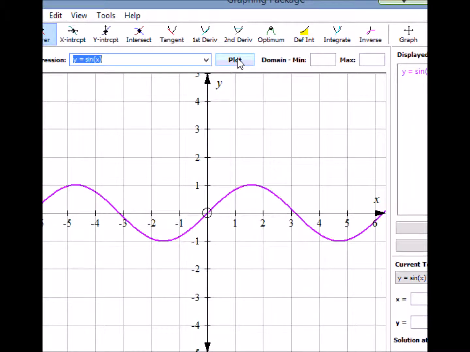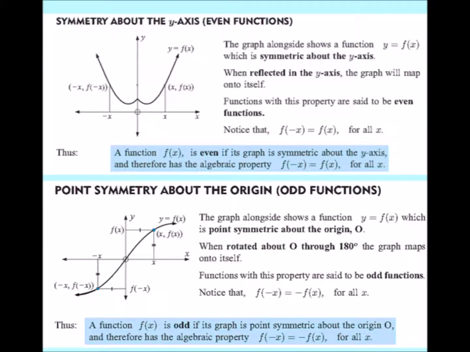So not symmetrical about the y-axis, but it does have rotational symmetry about the origin. And the second odd function, x cubed minus 3x, once again, not reflected in y, but rotated about the origin through 180 degrees. So that's a quick look at even and odd functions.